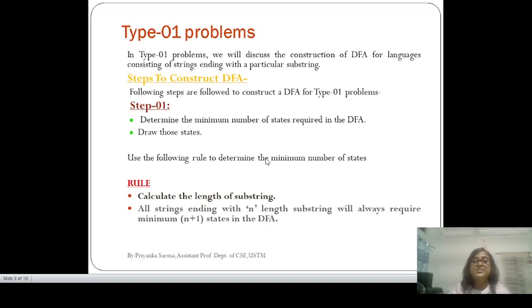Rule number 1: first calculate the length of the substring. If all strings end with a substring of length n, then we need n plus 1 states to construct the required DFA. Suppose n is 3, that means 3 is the length of the given substring, then 3 plus 1, that is 4 states, are required to construct the DFA for that particular string.